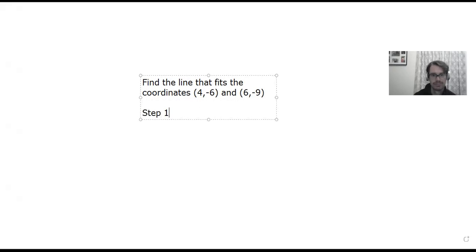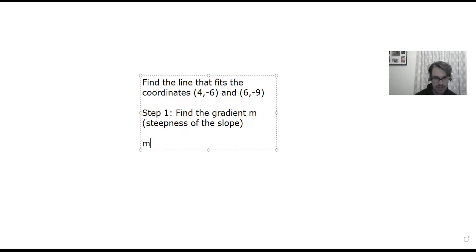Step 1 will be to find the gradient m. The gradient means the steepness of the slope. We use the formula: the gradient equals the rise over the run.